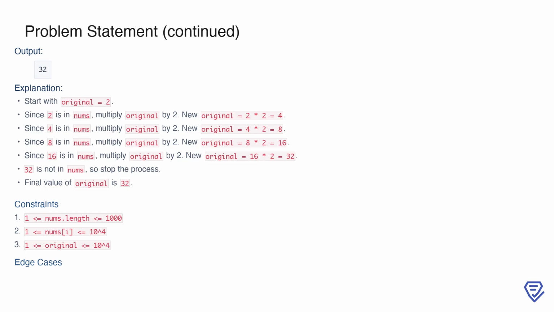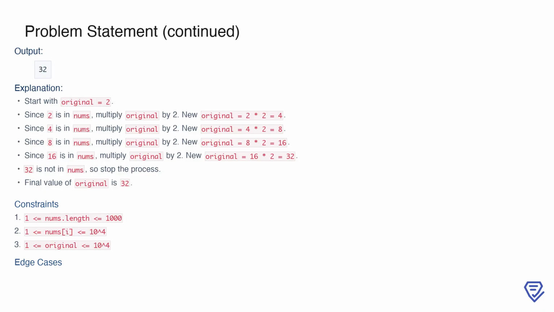Let's look at one more example. Here, nums is 1, 16, 4, 2, 8, and original is 2. Start with original equals 2. Since 2 is in the array, we multiply it by 2, so original is equal to 2 times 2 equals 4. Next, 4 is in the array, so we multiply again, making original equal to 4 times 2 equals 8.